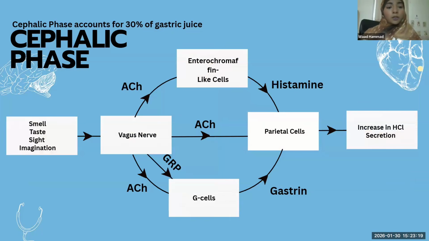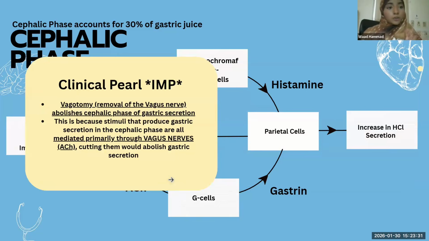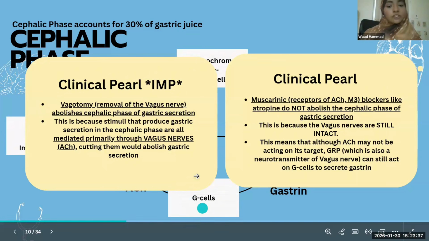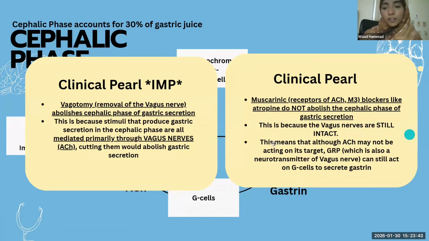Why? Because although we're blocking ACH from binding, we're not blocking GRP. So ACH will be blocked because its receptor is blocked, but GRP will still be there. So even though the gastric secretion will be a lot less, we still have GRP to stimulate our G cells, so our G cells can still release gastrin, and then gastrin can still stimulate parietal cells. I basically wrote that all into words here.